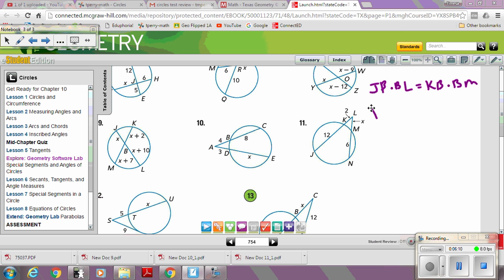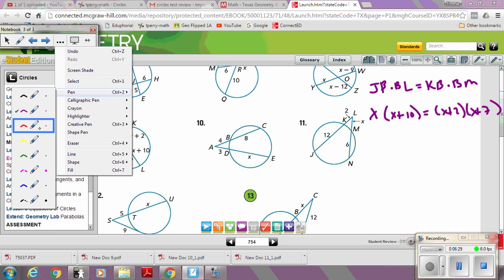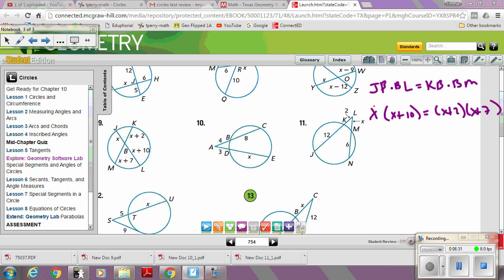So JB is x, BL is x plus 10, KB is x plus 2, BM is x plus 7. On the left side, we simply distribute the x into the parentheses, and you get x squared plus 10x.